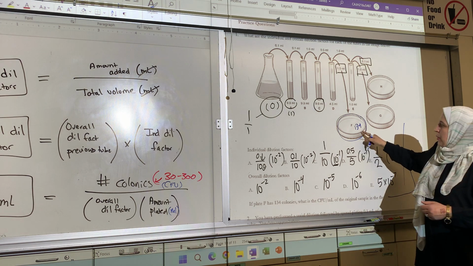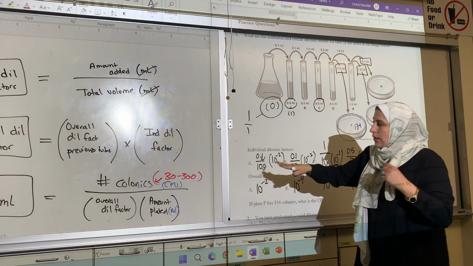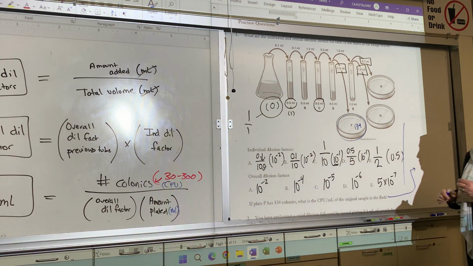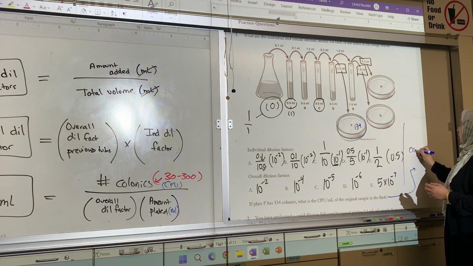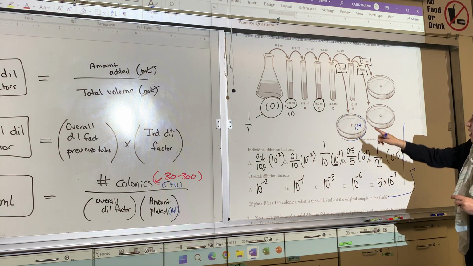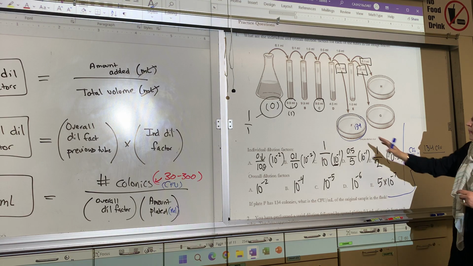And so we're gonna plug the information that we have so far, plus the 134 colonies, into this equation here that gives us the CFUs per mil in the original solution, okay? So CFUs per mil, we take the number of colonies. For F, that's 134 CFU, colony forming units, okay?